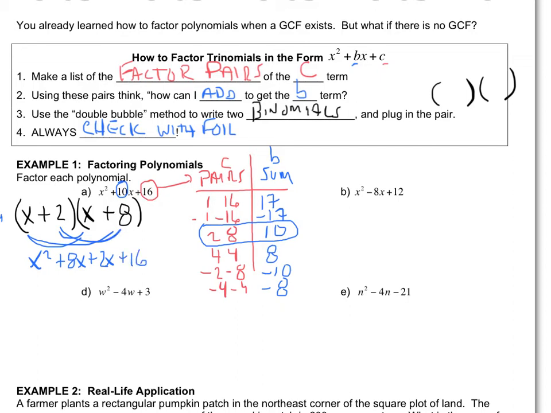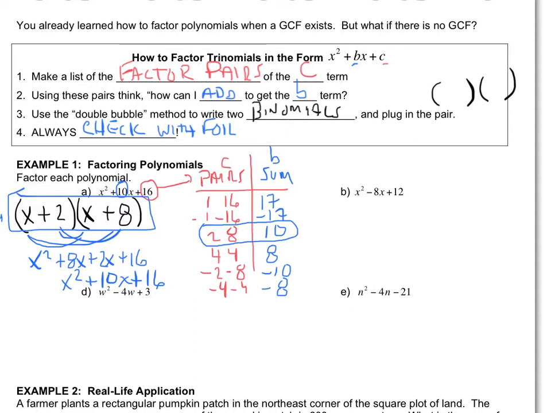And obviously these two middle terms would go back together to get 10x plus 16. So it definitely checks. So the factored form of that trinomial is x plus 2 times x plus 8.